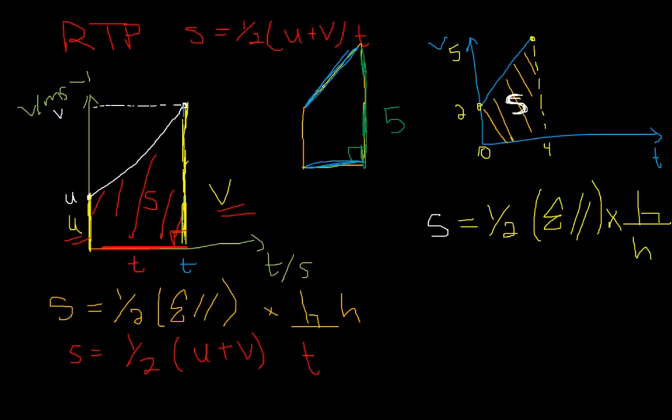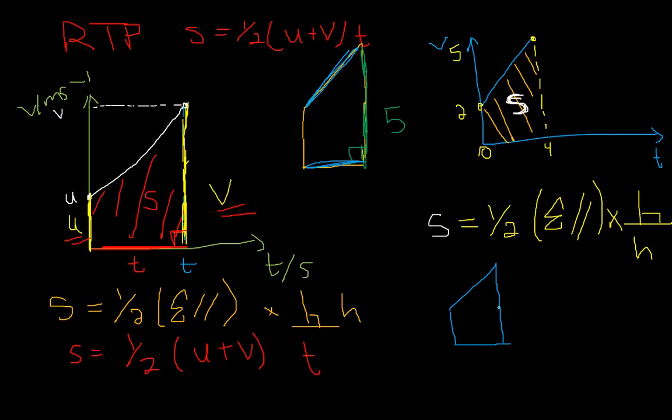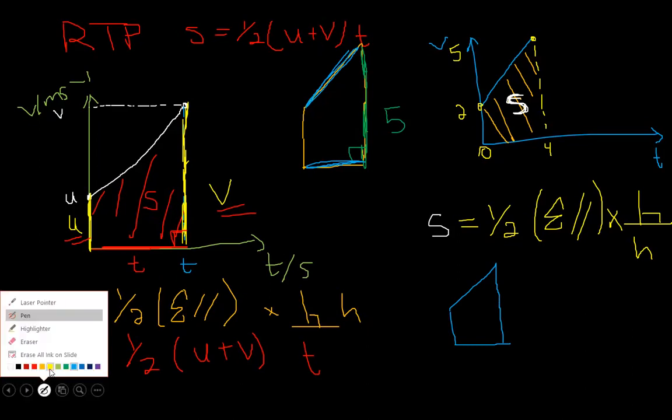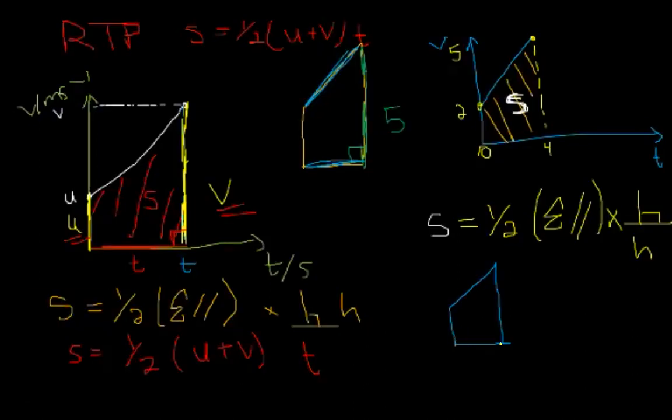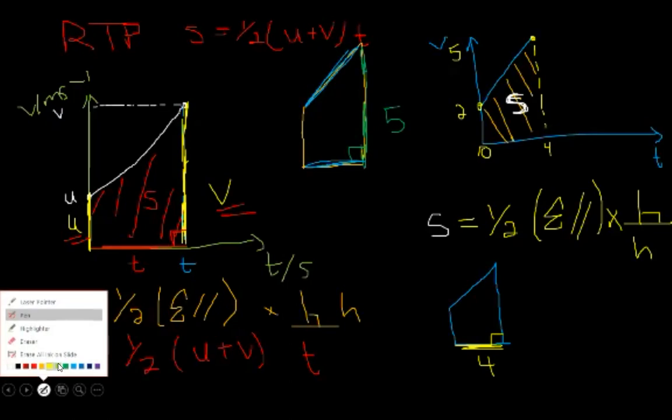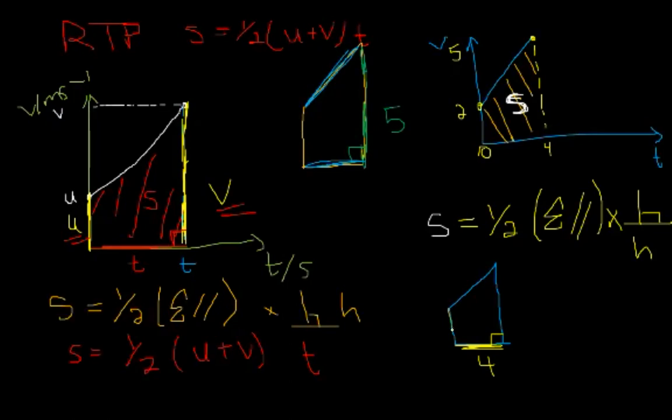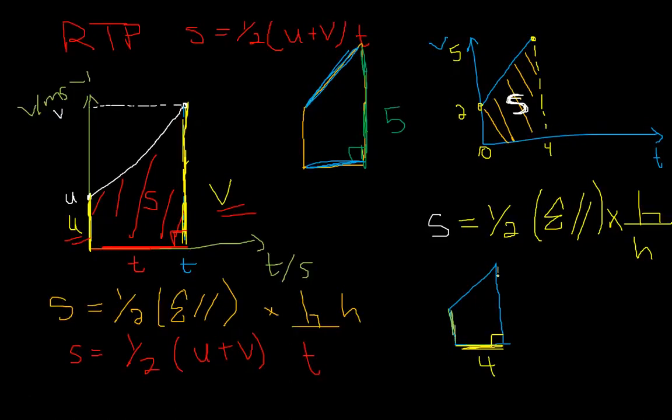But if I took the 4 to be my perpendicular height, then the 2 parallel sides would be here and here.